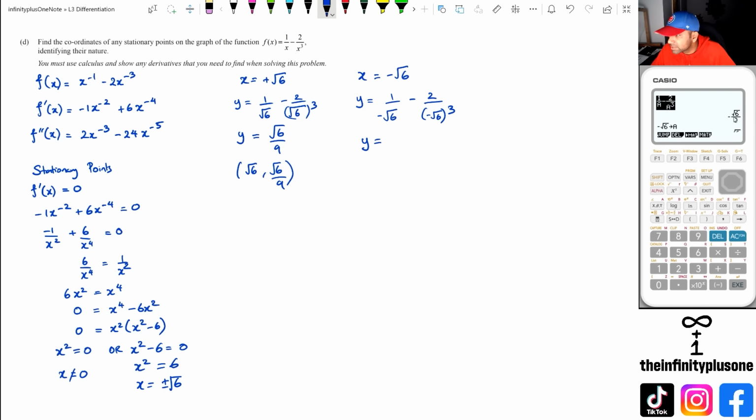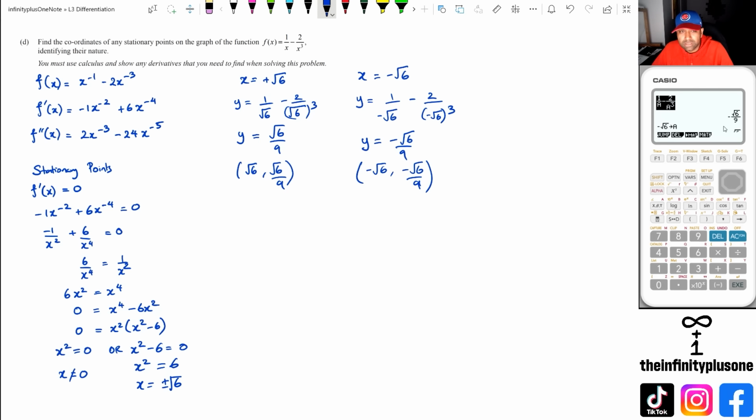I did get my new value because it's negative square root of 6 over 9. Sorry, I just didn't see it. Because what you can do in this calculator is, because you store values, you can just recall the previous formulas. So my next value is going to be negative square root of 6, negative square root of 6 over 9.